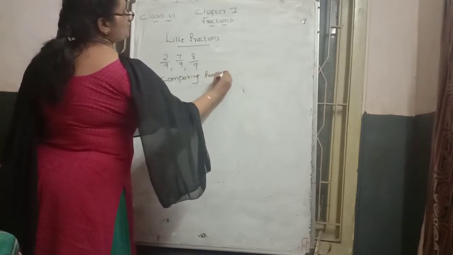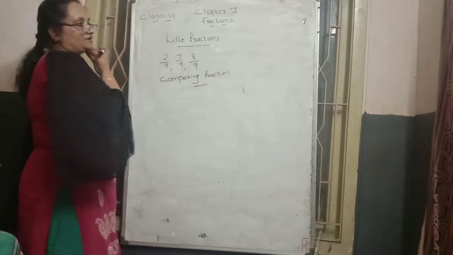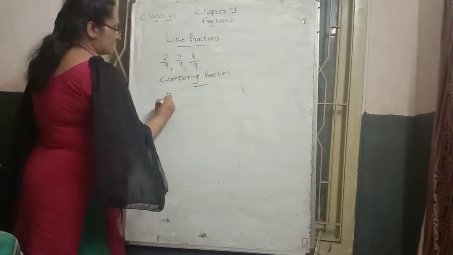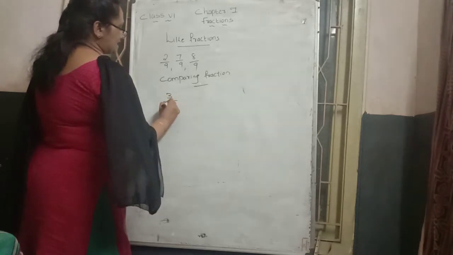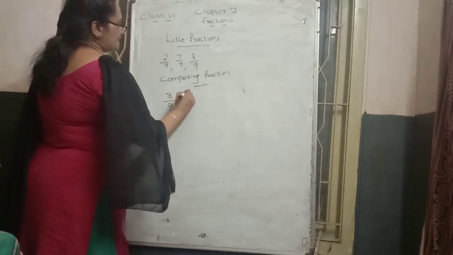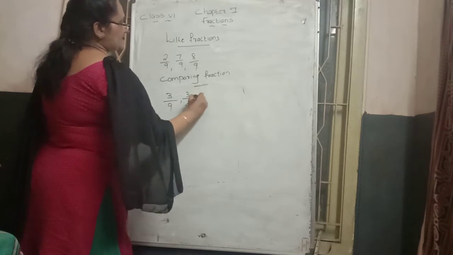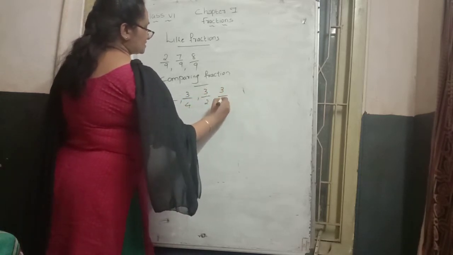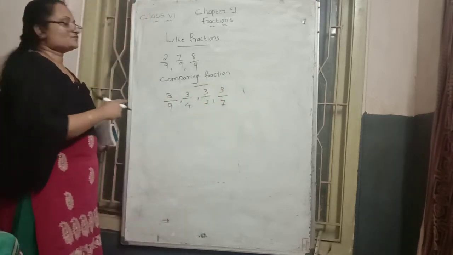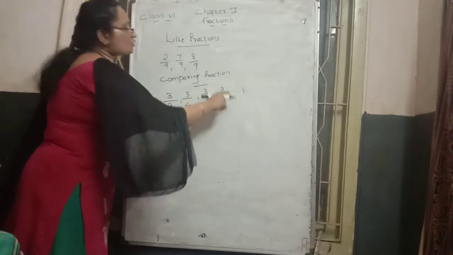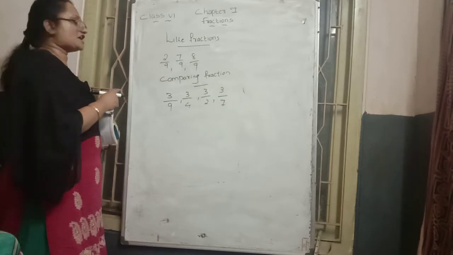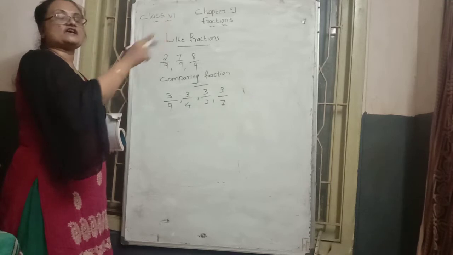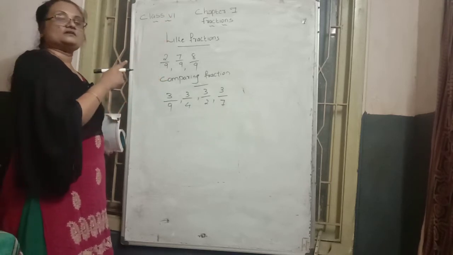Suppose in a question all the numerator parts are equal, like 3 by 9, then 3 by 4, next 3 by 2, next 3 by 7. Look at them: all the numerators are the same and only the denominators are different.